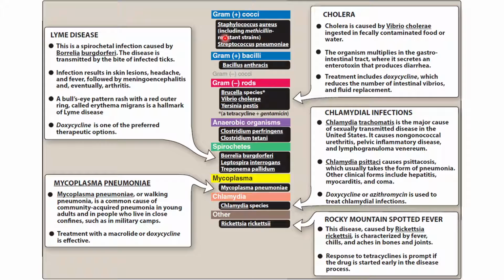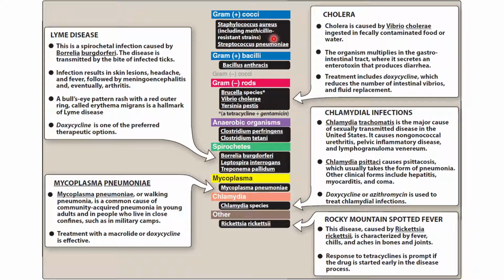In the case of Staphylococcus aureus, they cover the methicillin-resistant strains because they are resistant to beta-lactamases, so they don't have a beta-lactam.